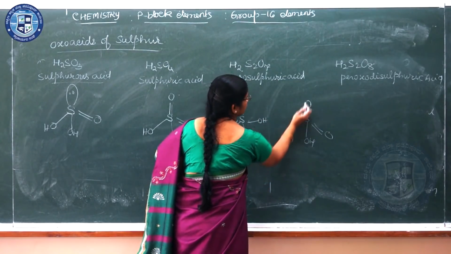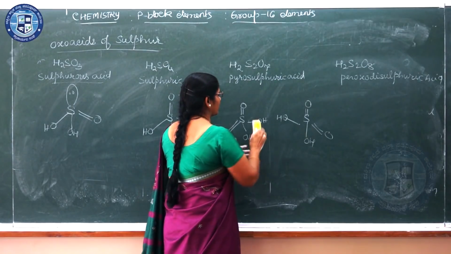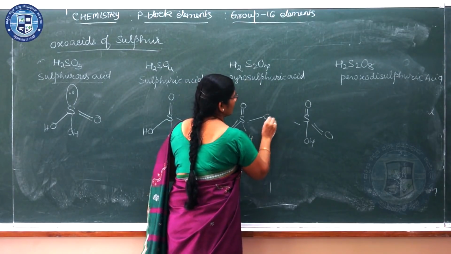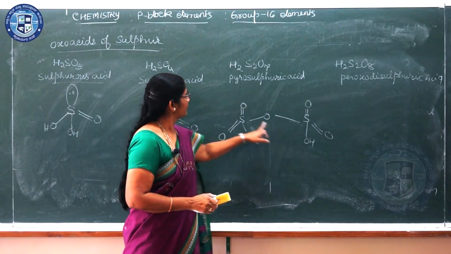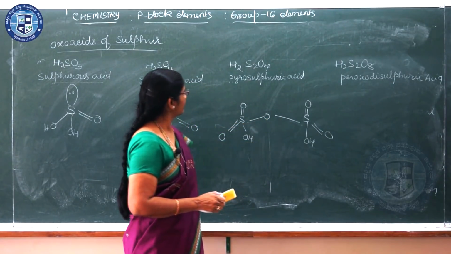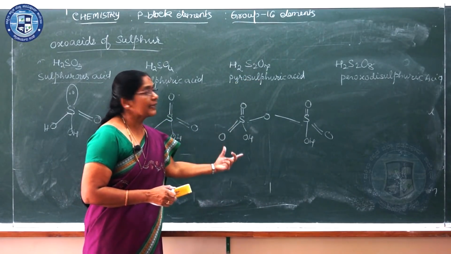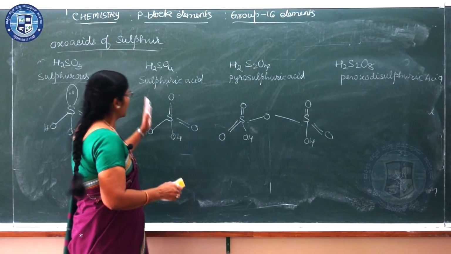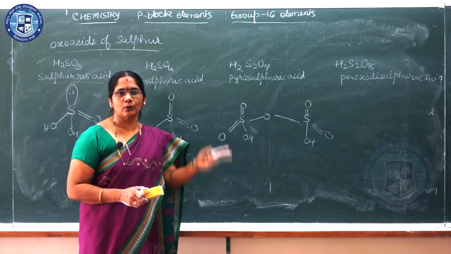Now remove 1 water molecule, H2O. So the bond comes like this. H2S2O7, 3 plus 3. So H2S2O7. This is pyrosulfuric acid formed by writing 2 sulfuric acids and removing 1 water molecule from the nearby 2 OH bonds.